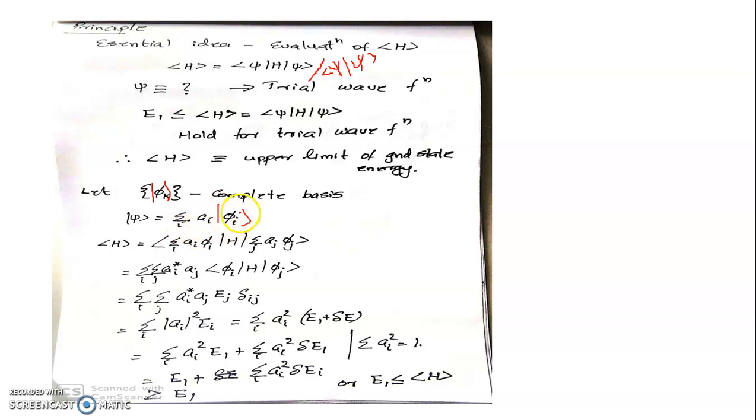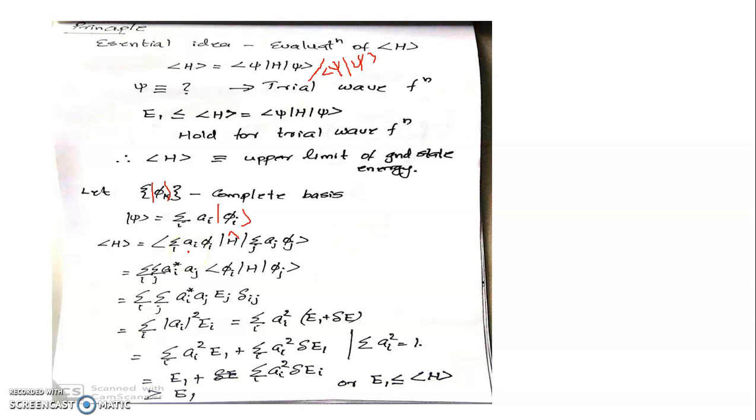It is written in that manner because the set ket phi k is assumed to form an orthonormal basis. Then expectation H is equal to the scalar product of summation over i, a_i, phi_i, H operating over summation over j, a_j, phi_j.